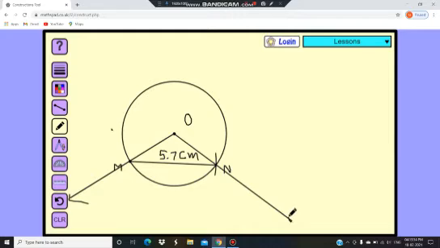Now we have to draw the perpendicular bisector on this ray OM and this ray ON.